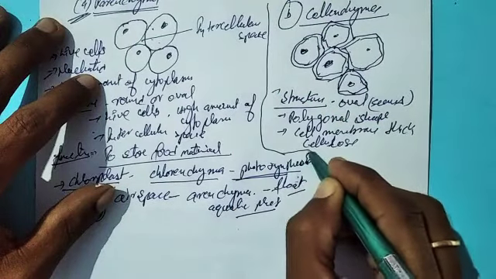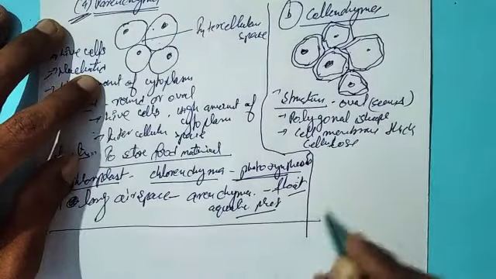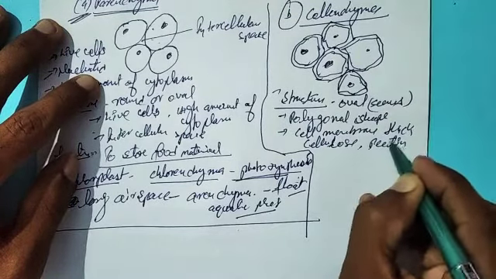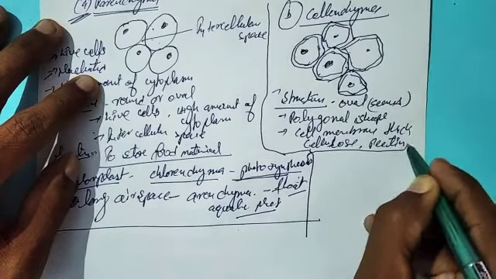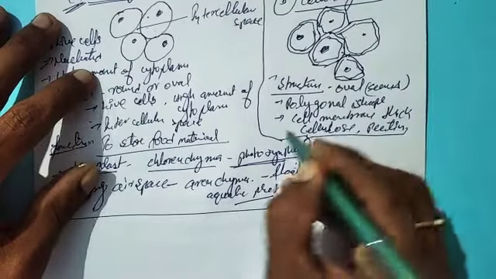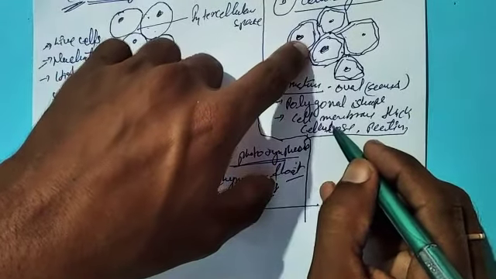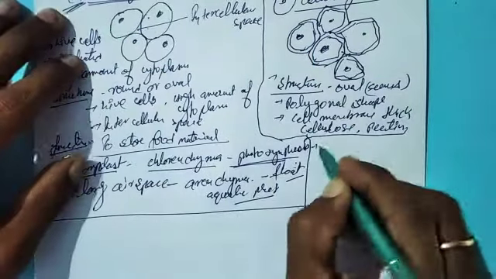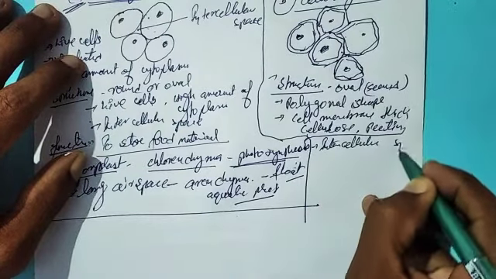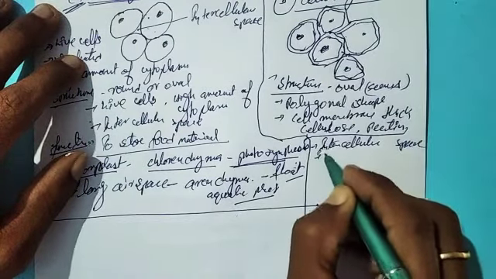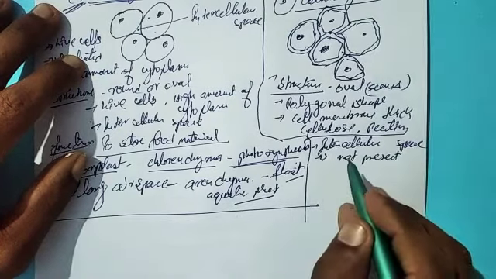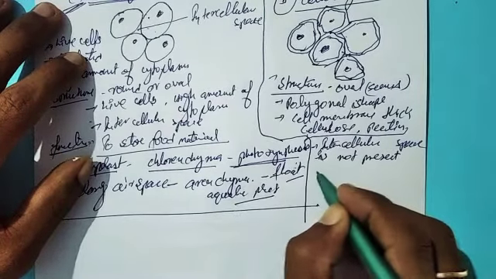Due to the deposition of cellulose and pectin, which is another type of carbohydrate, the intercellular space is not seen. Intercellular space is not present, or if the intercellular space is present, it is very small.